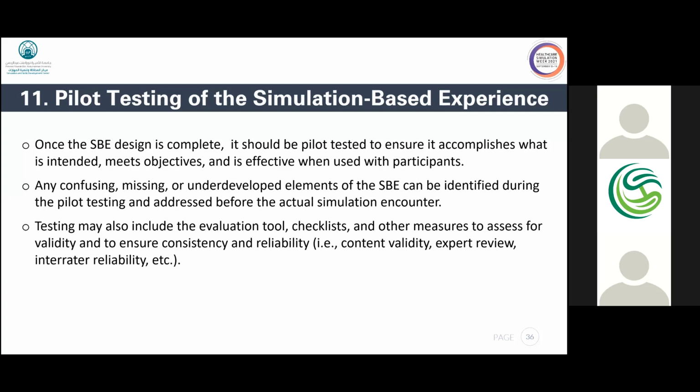We usually use checklists to ensure that everything is going according to the session, and if there is any modification, it should be edited. Of course, if that is not possible, the minimum is to do a dry run of the simulation scenario with a smaller group to ensure that it's going smoothly and to check it against the write-up. If it's good, it will be possible to implement it. We need to test it before the simulation event.